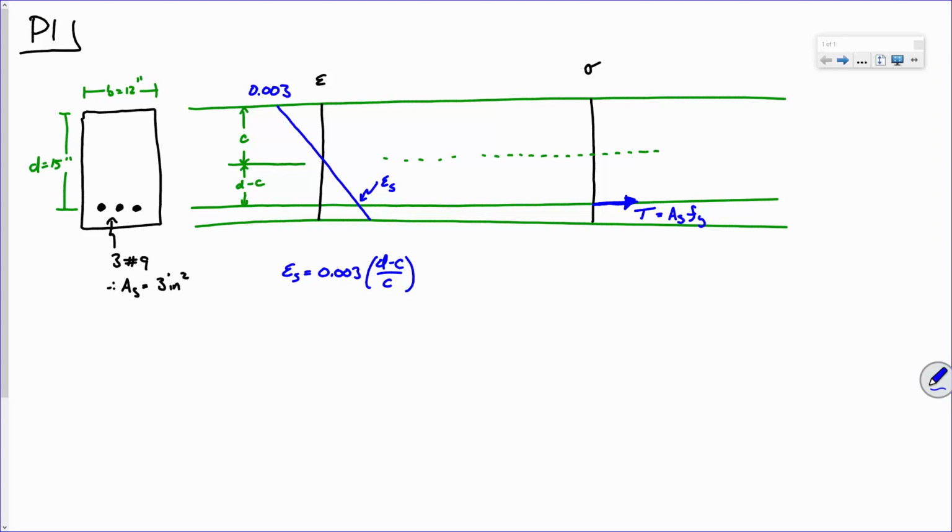Sound good? Now, for the concrete, remember, in actuality, the stress profile looks like this. Remember, it's nonlinear, and we would have to integrate all of that. And I don't like integrals. I like to avoid that if at all possible. So I propose to you that the stress block looks something about like that.